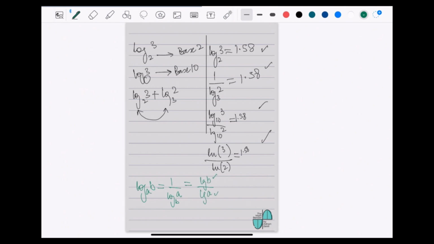I'm just taking lg as log base 10, but you can write it as ln b over ln a, or any third log you want to introduce. Let's say log 3 of b over log 3 of a. You can express it as you like.